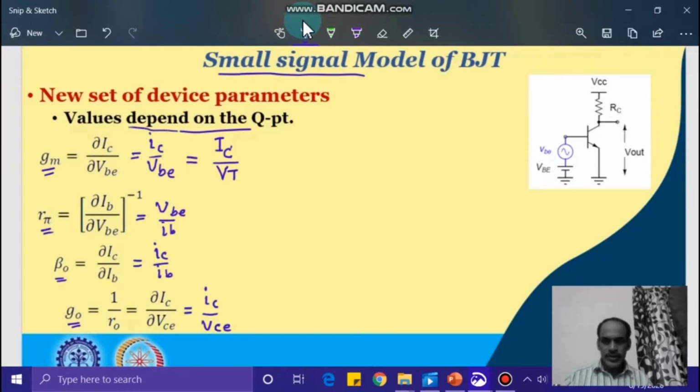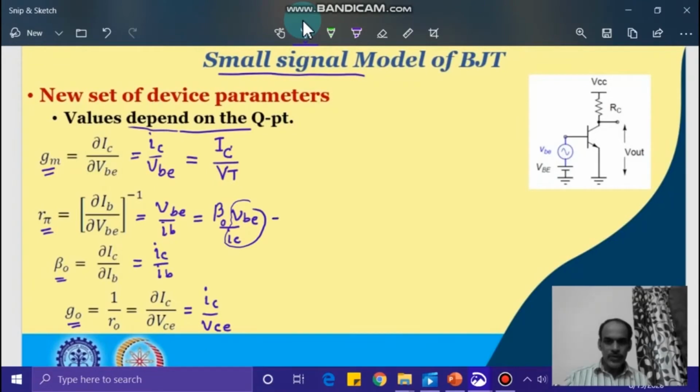Likewise, when you consider r_pi, since it is V_BE by I_B, we can replace I_B by I_C by beta naught, and then we have V_BE, and this part is 1 by g_m.